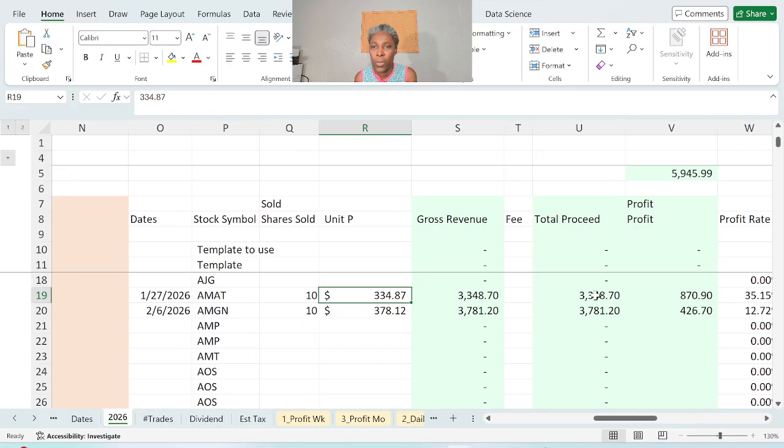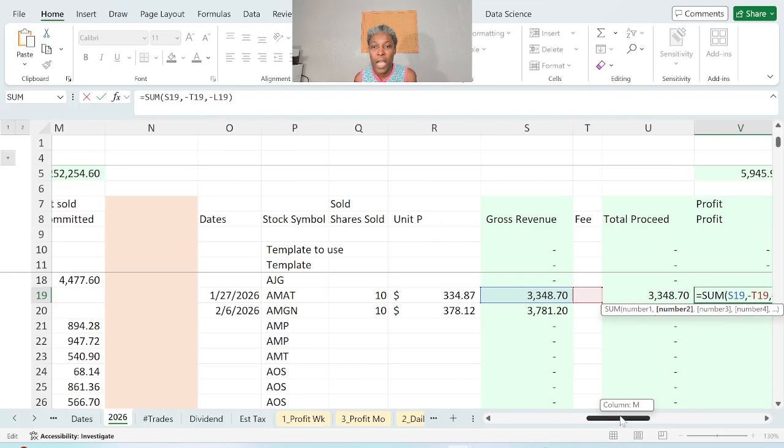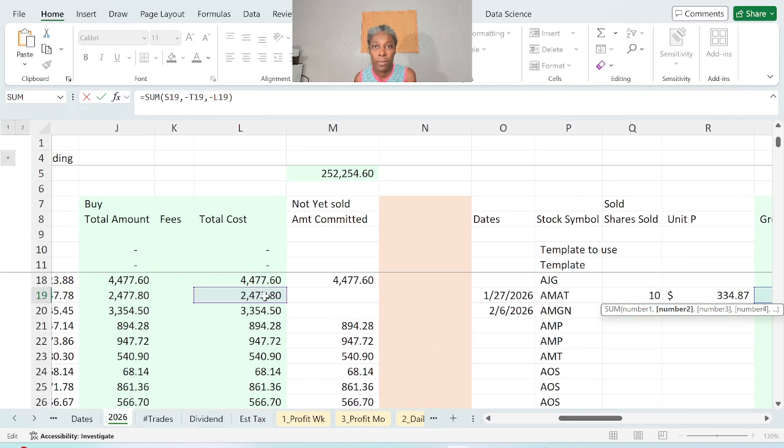And then the total proceeds in this instance, for the time that I held on to it, the brokerage didn't charge a fee, so the fee is 0. So that is my total proceeds. So my profit is just going to take my gross revenue minus the fee, which technically is the total proceeds, minus how much it cost me.